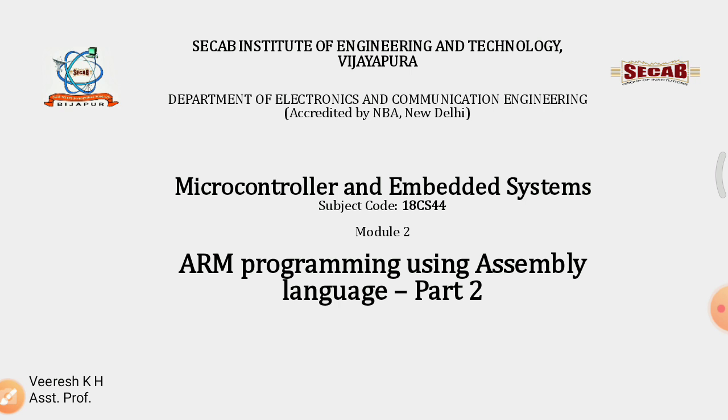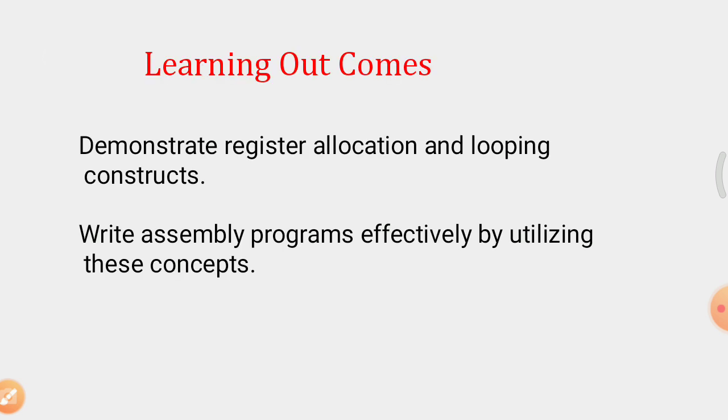Today we'll have a topic on ARM programming using assembly language, part 2. So we will see the content that we are going to cover. The learning outcome of this section: the students will be able to demonstrate register allocation and looping constructs, and they will be able to write assembly programs effectively by utilizing these concepts.